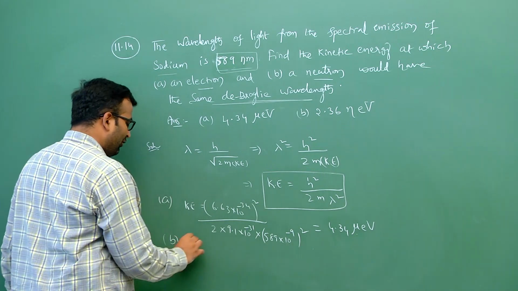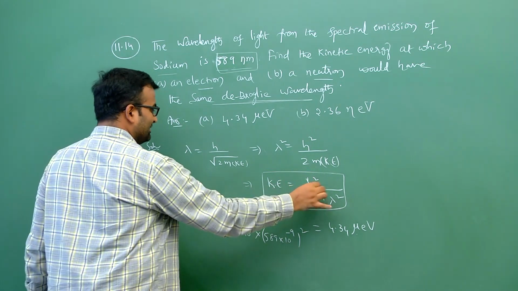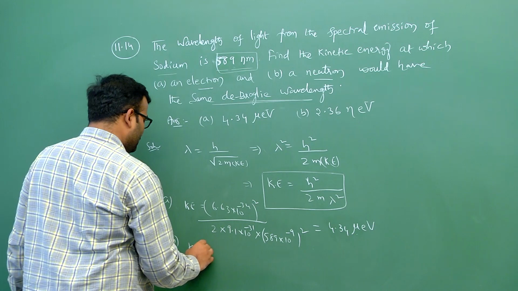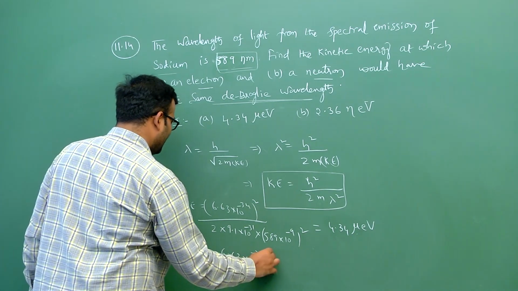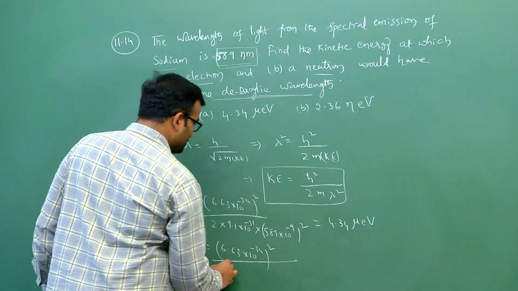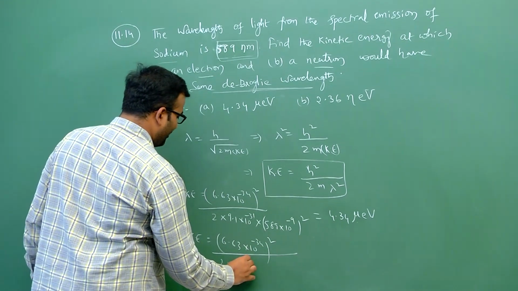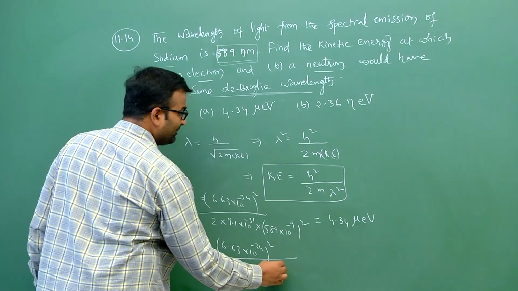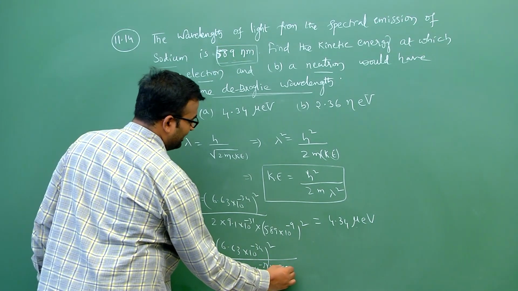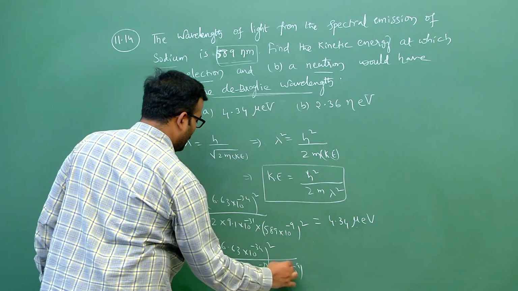Similarly, in the same format, just the values change. This is the obtained formula. For neutron, the h value is of course the same. Go for h square by 2, mass of the neutron is 1.67 times 10 to the power of minus 27 kg, and lambda value is 589 times 10 to the power of minus 9, whole square.